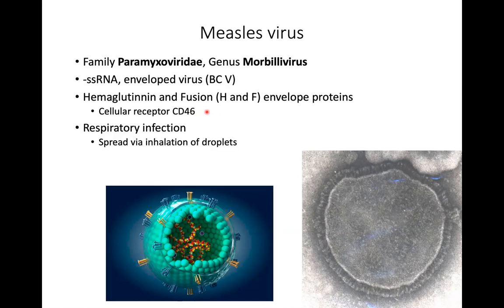When we think of measles, we think about the rash, like the typical red rash that measles causes. But unlike, say, chickenpox, which can be spread by touch, measles is spread through inhalation of droplets. Because it's spread by respiratory droplets, that's why it is so highly contagious.